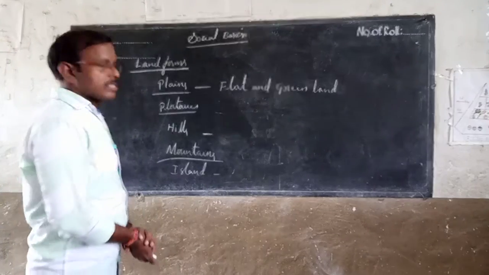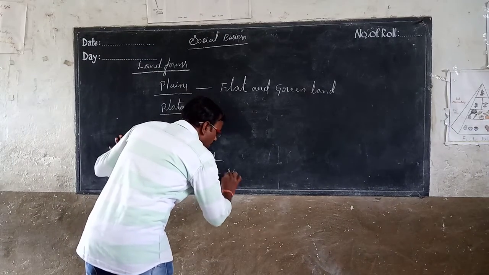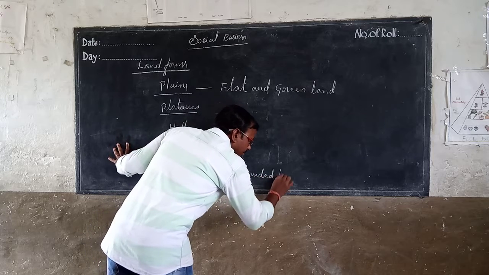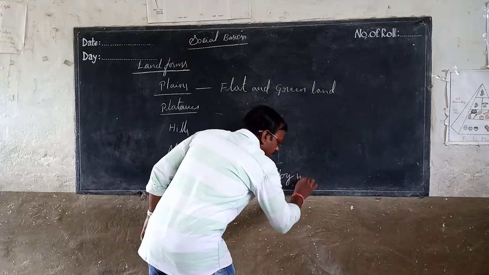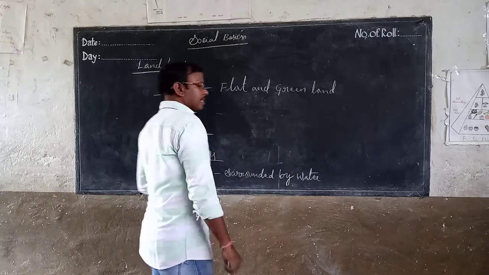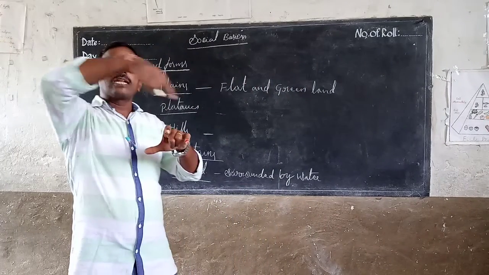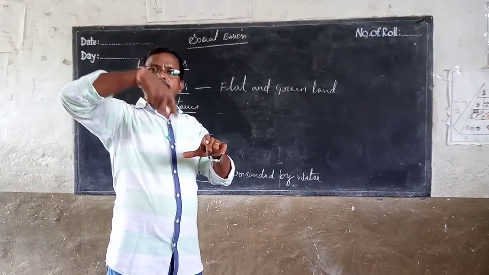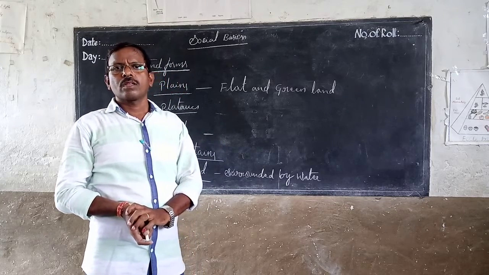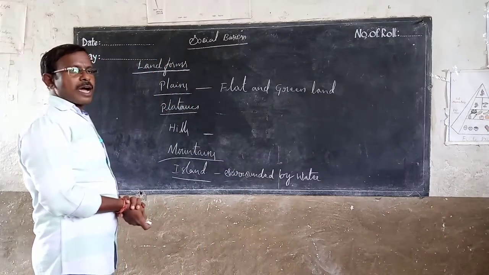The land which is surrounded by water is known as an island. Totally water will be there. Example, Sri Lanka, which is surrounded by water. Okay, the land which is surrounded by water is known as an island.